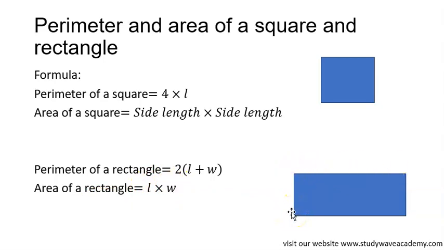Okay? So this is the formula used to get the perimeter and area of a rectangle, and this is the formula used to get the perimeter and area of a square. Do not confuse both, okay? We're going to be looking at some examples to help us understand better using this formula.